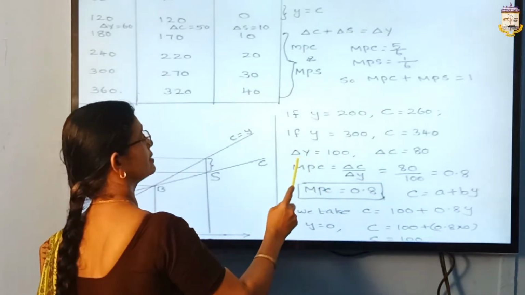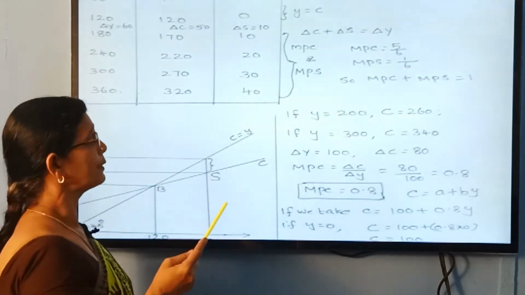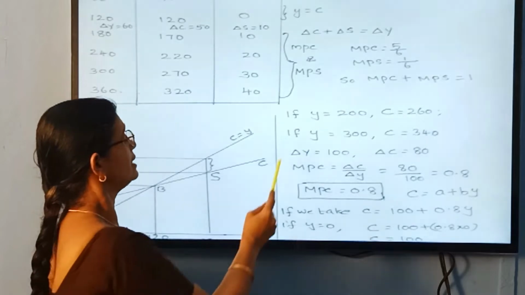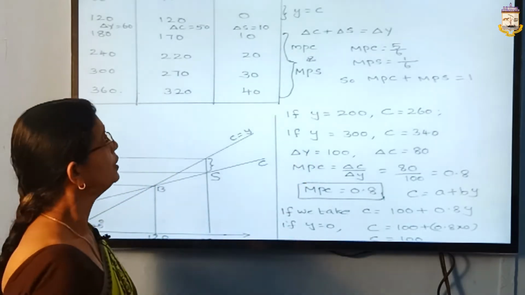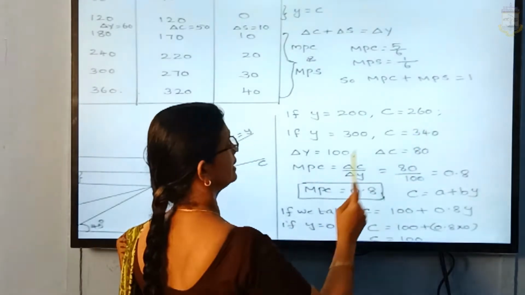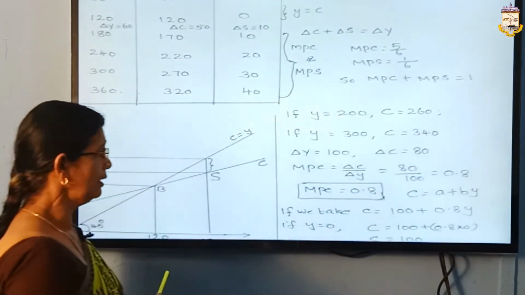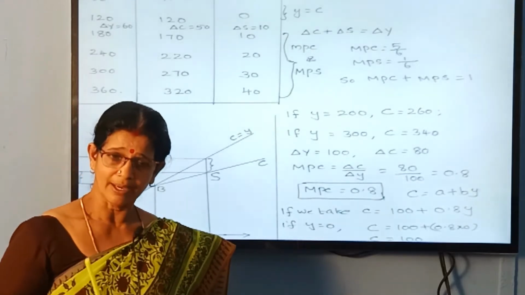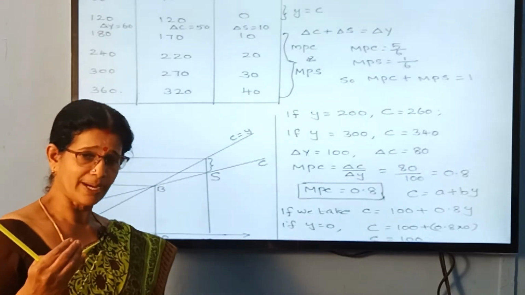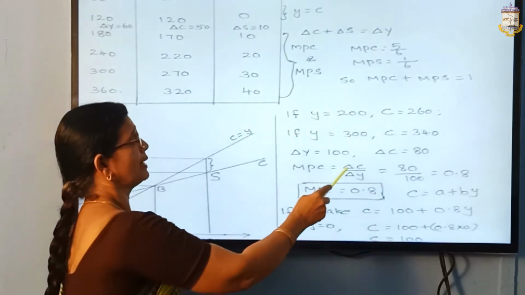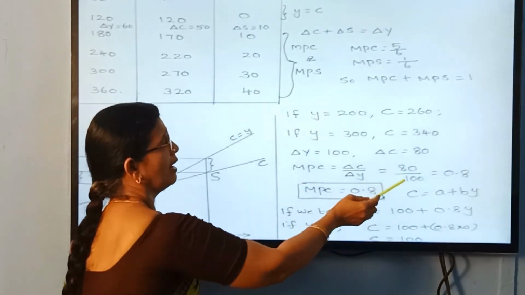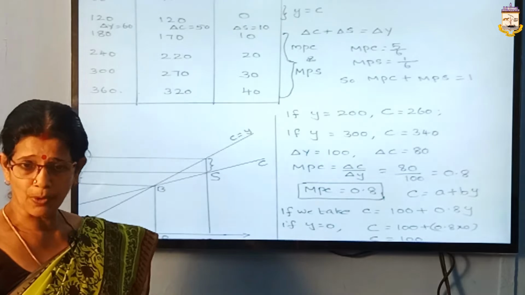So in this case, delta Y அல்லது வருமானத்தில் ஏற்படும் அதிகரிப்பானது 300 minus 200, that is 100 crores. நுகர்வில் ஏற்படும் மாற்றமானது 340 minus 260, that is delta C, 80 crores. What is MPC? MPC என்பது நுகர்வில் ஏற்படும் மாற்றம் by வருமானத்தில் ஏற்படும் மாற்றத்தின் அளவு. So delta C 80, delta Y 100. It is equal to 0.8.